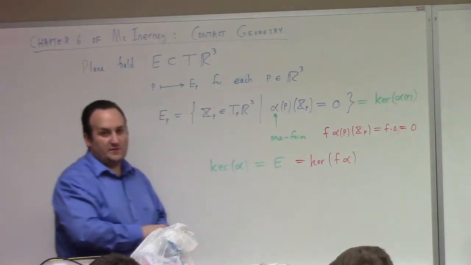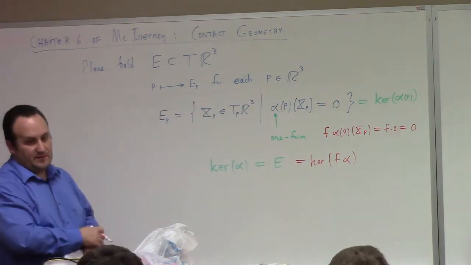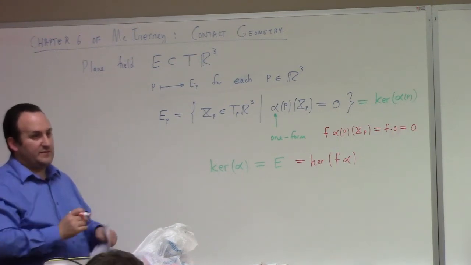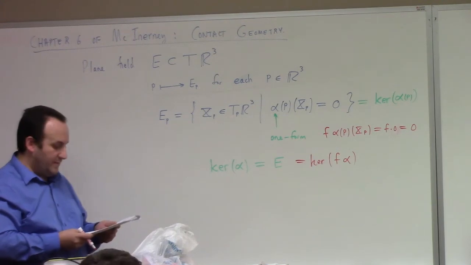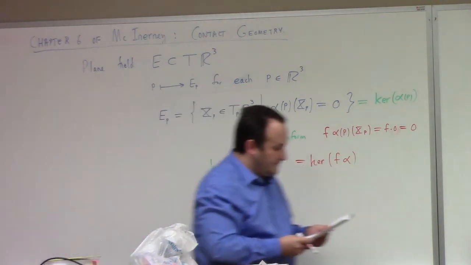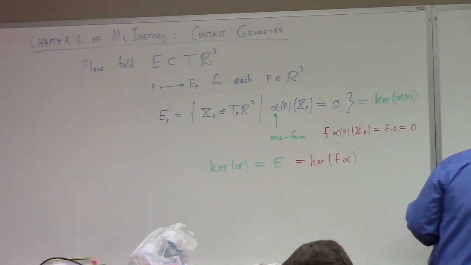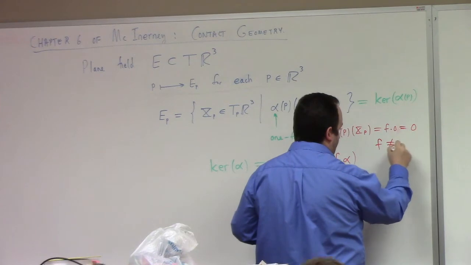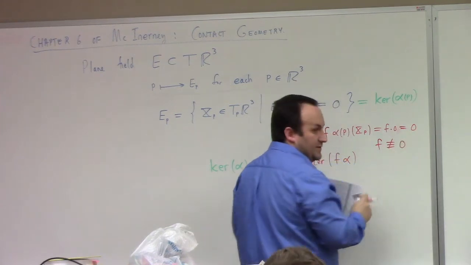If I take a non-zero function and multiply it by the given one form which defines this plane field, I get the same plane field, so it's not unique. The one form does not uniquely describe the plane field, assuming f is identically non-zero.